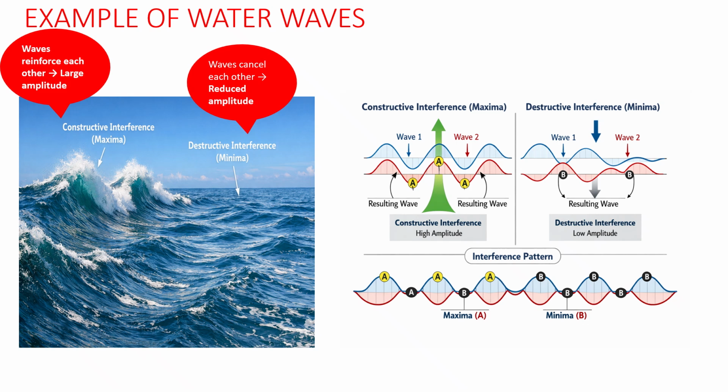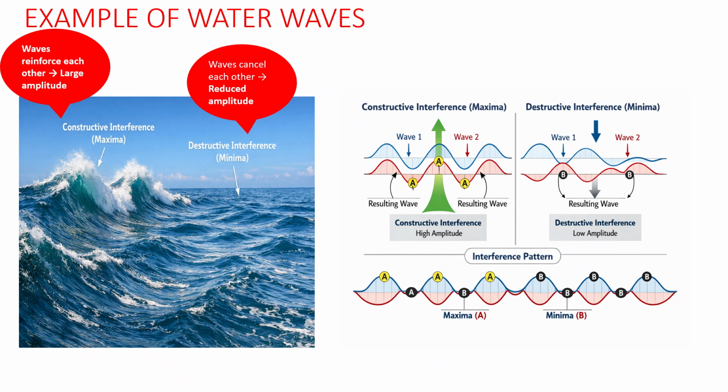So two types of pattern you observe: one is called the crest, and the other is called the trough. The crest has high-energy waves coming towards the height of the water level, and the trough is downwards.